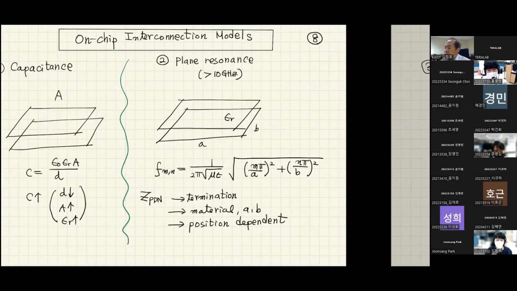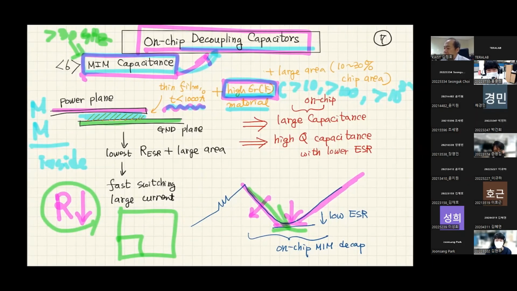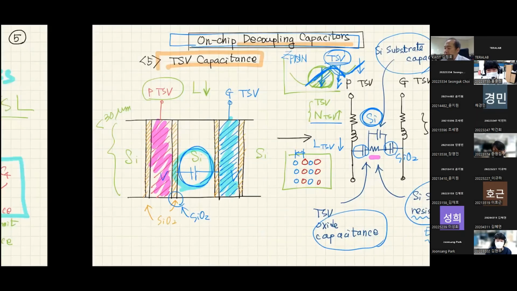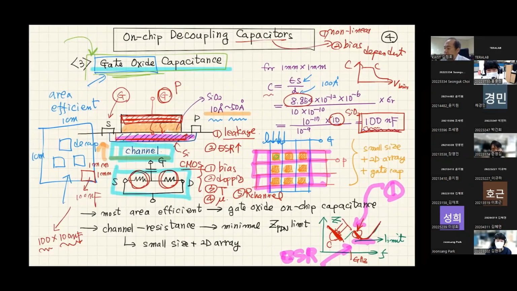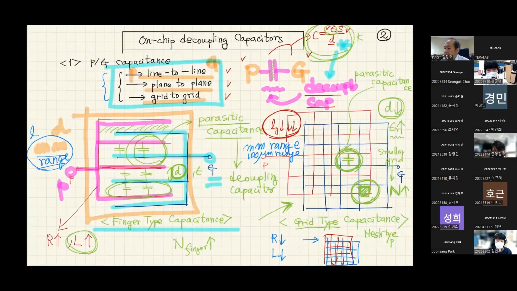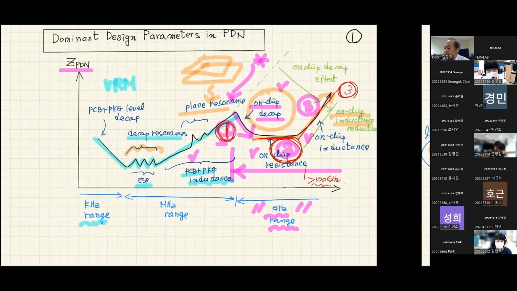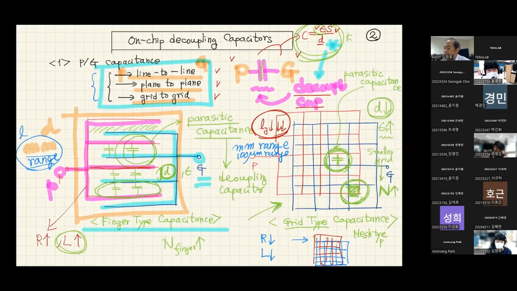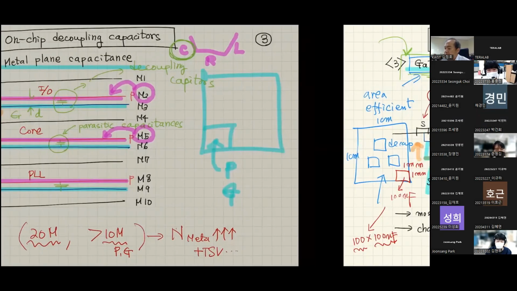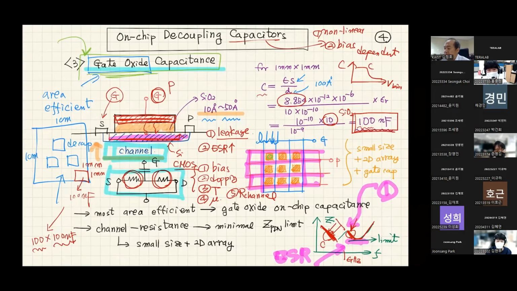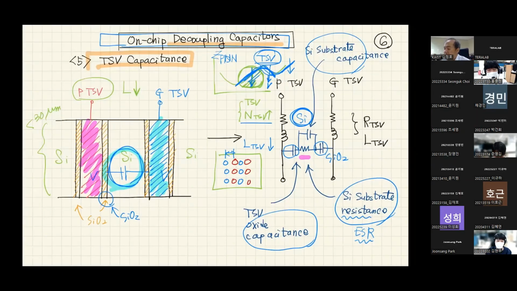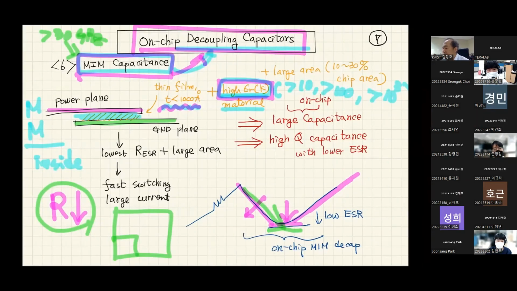So far I was talking about the capacitances of on-chip PDN. I started with the parasitic capacitance between line to line. I talked about the metal plane capacitance, gate oxide capacitance and parasitic capacitance, TSV capacitance, and MIM capacitance.